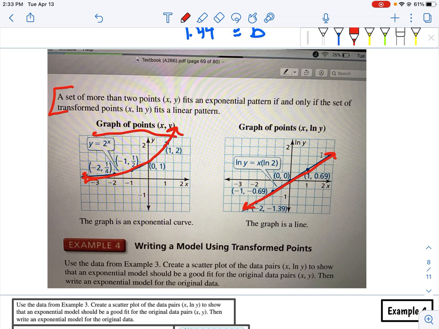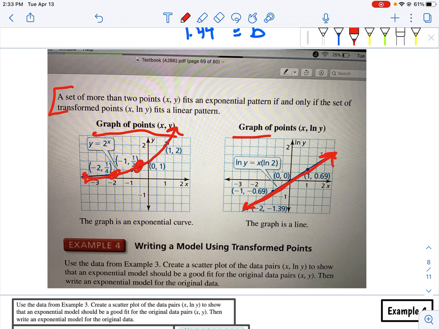A set of more than 2 points, like here, we have y equals 2 to the x, fits an exponential pattern. So this new line fits an exponential pattern if and only if the set of transformed points, x, and for every y we take the ln of it, fits a linear pattern.